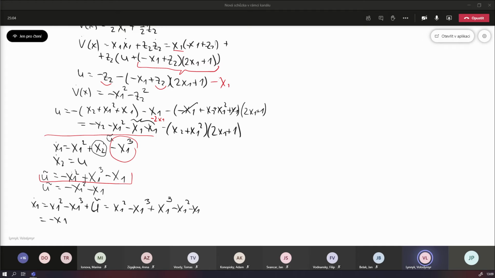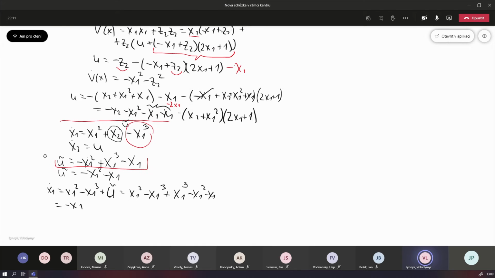Or for example, we can choose this second one.